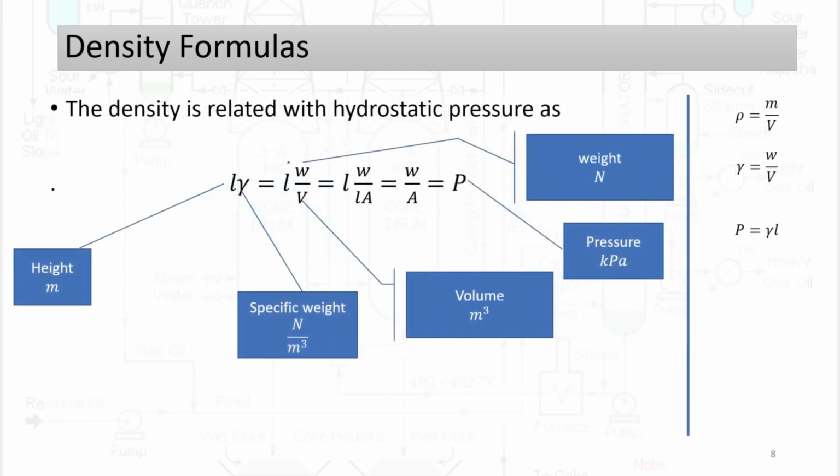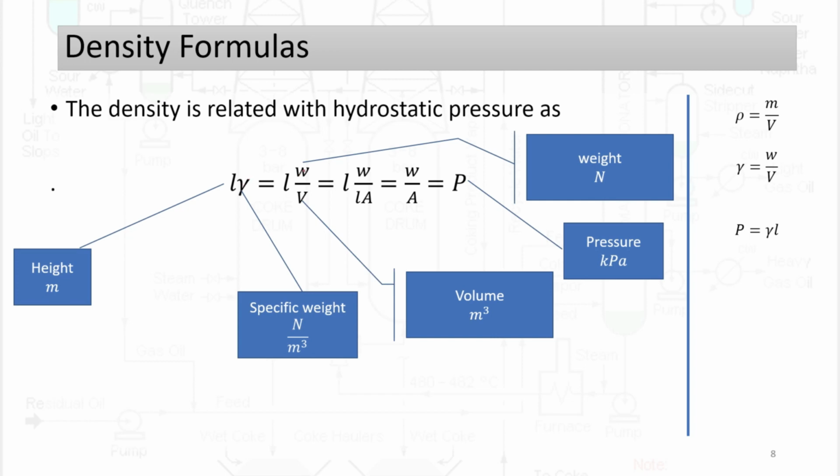Okay, for the density, by utilizing the hydrostatic pressure, we know the hydrostatic pressure is the pressure due to the height of the liquid inside the containers. If we multiply the height with the specific weight, we will get the result. You can see here, as derived in front of you, gamma, which is specific weight.